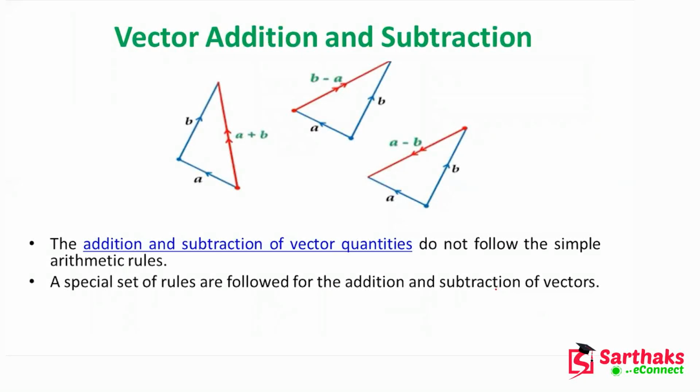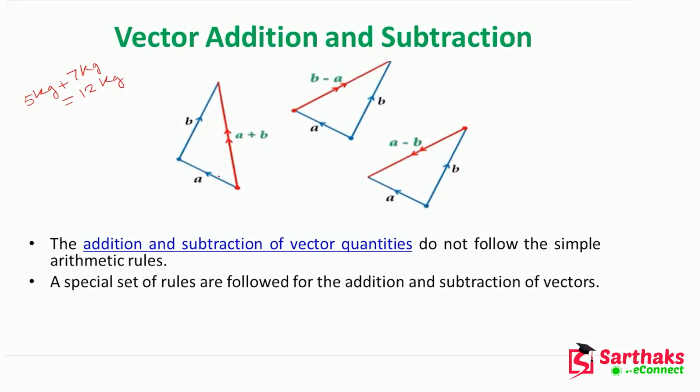So vector addition and subtraction is not as easy as scalar addition and subtraction. In scalar, what you have done: 5 kg potato, 7 kg potato, and you have said, yes ma'am, 12 kg potatoes, right? But no, here it is not possible. Addition and subtraction of vector quantities follows a triangular rule or trapezium rule.